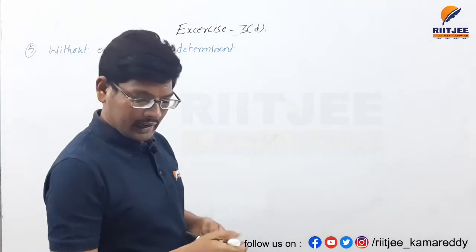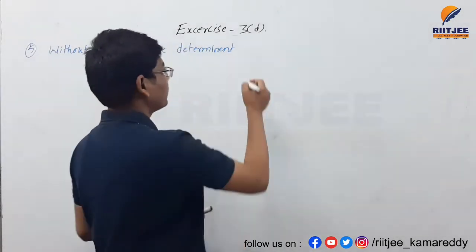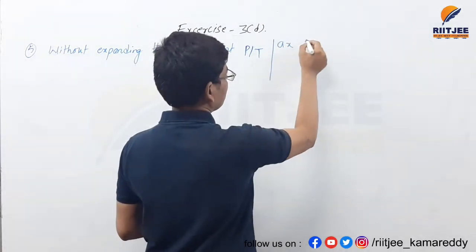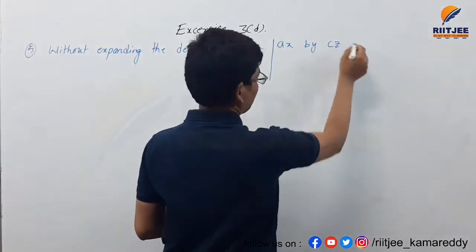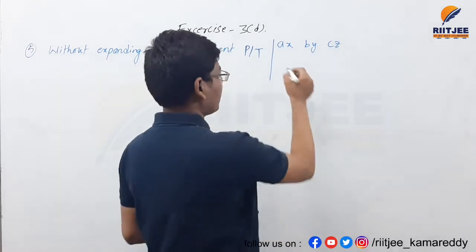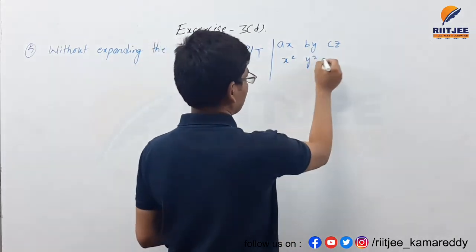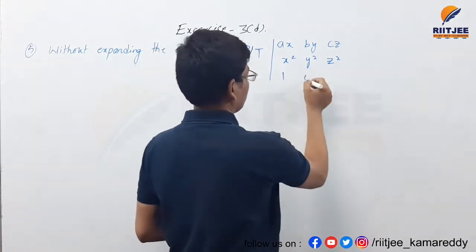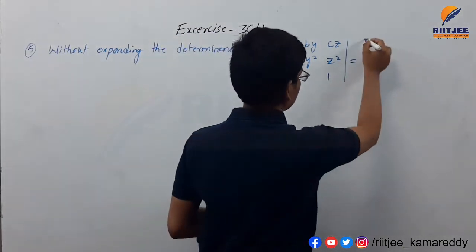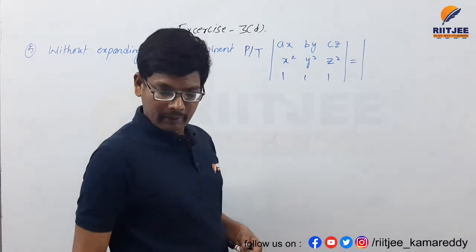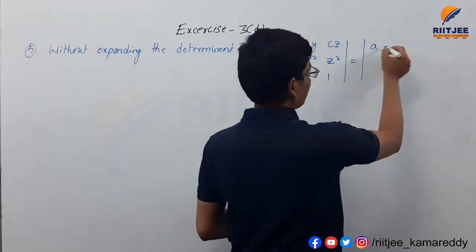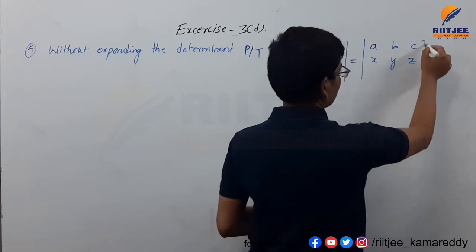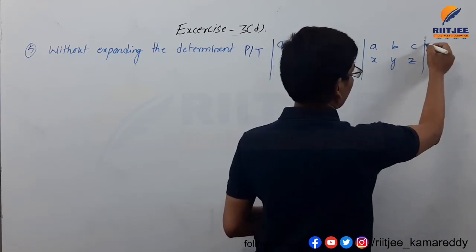Prove that the modulus of ax, by, cz; x square, y square, z square; 1, 1, 1 is equal to the determinant a, b, c; x, y, z; and so on. This is a determinant, not a matrix here.